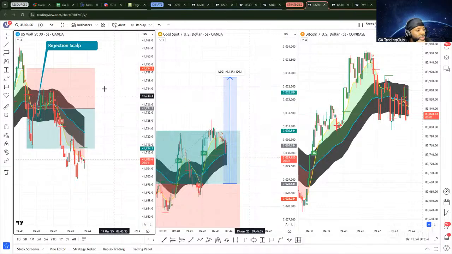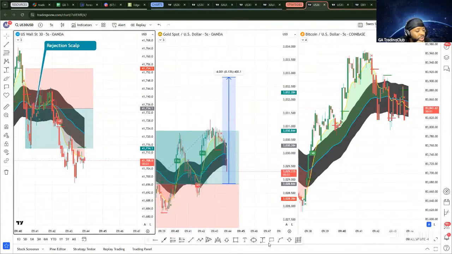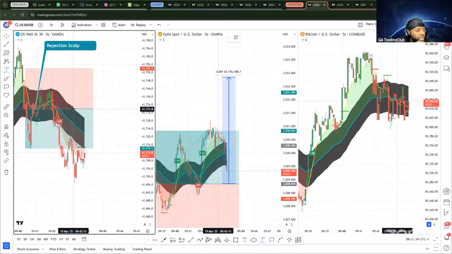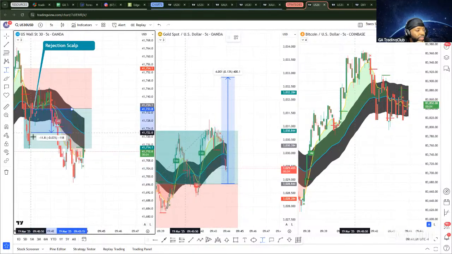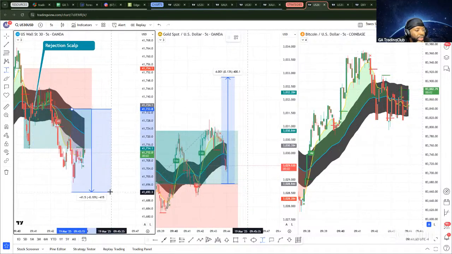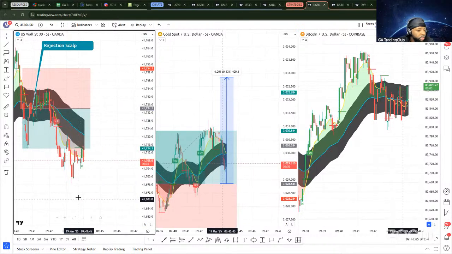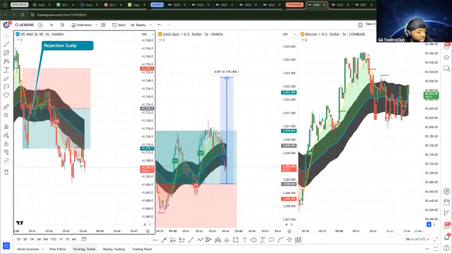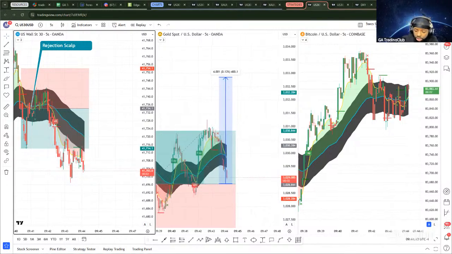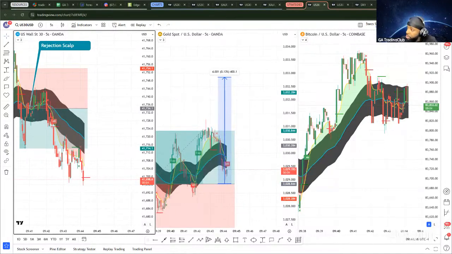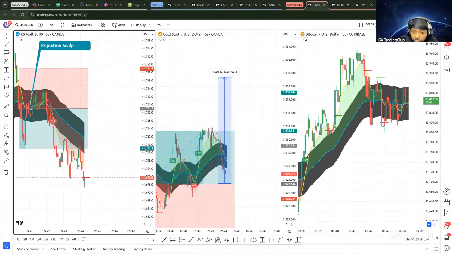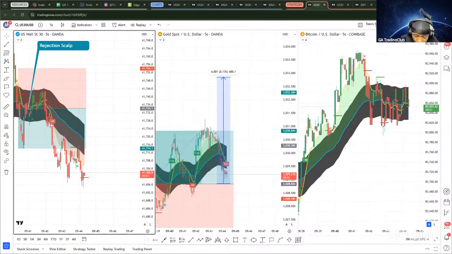So for this one for US 30, if we were going for a 1:2, this one would have ended up at break even because it hit the 1:1 and then came back to break even. And I think gold as well looks like it might be coming back to break even. So let me see. Gold today is 319. Gold win.